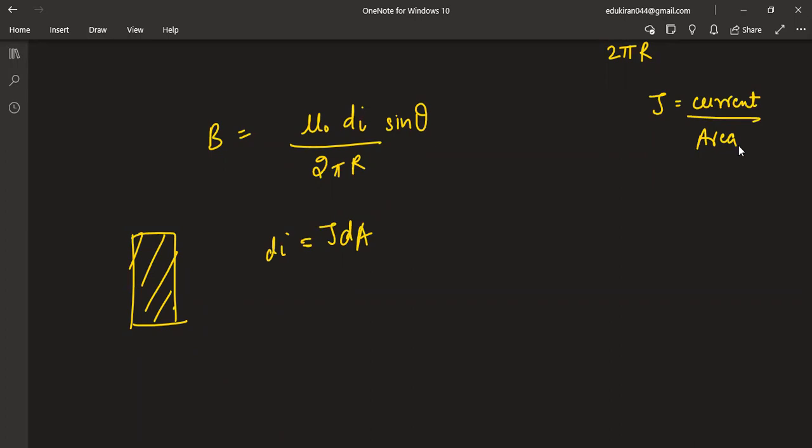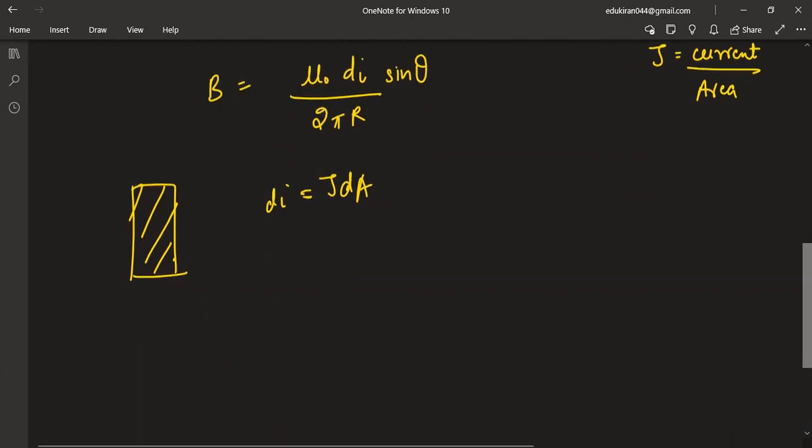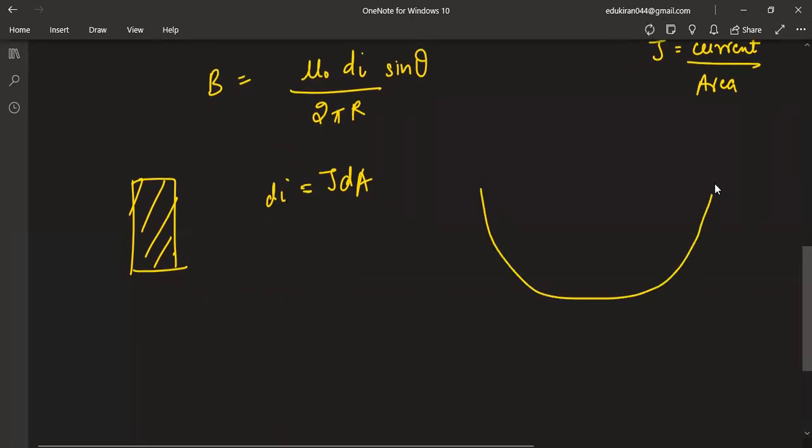So current per unit area, how will you calculate? Unit area is not given to you. So how will you calculate it? If you go by the calculations, if this is your semicircle, let's say this way I'm drawing it in a very broad way. Here you have the locations of all the individual infinitely long wires.